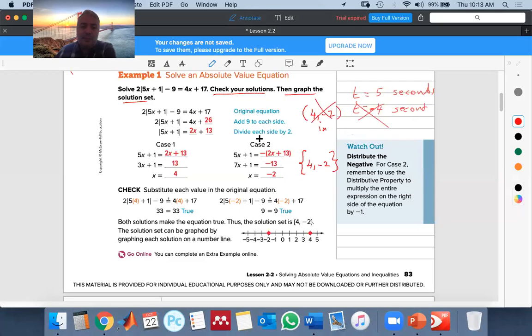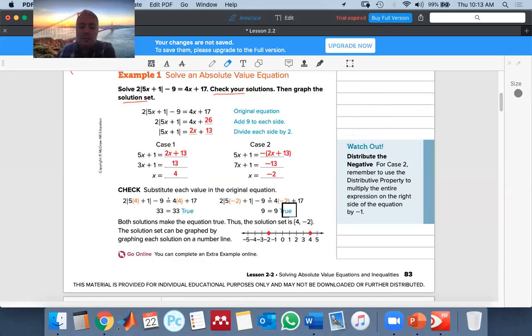Okay, so let me explain from the beginning then. When we check the solution, the equation is 2 times the absolute value of 5x plus 1, minus 9, equals 4x plus 17. So we solve it. We came up to this point, and there are two cases: the left side is equal to the right side, or the left side is equal to the negative of the right side.